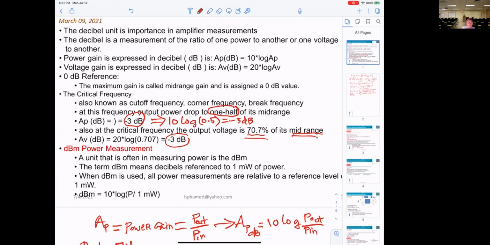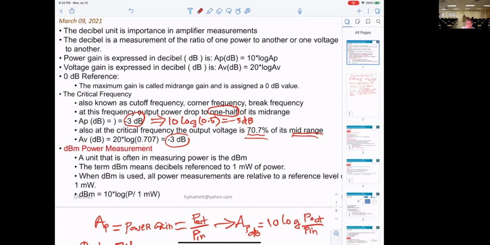Now the next one, dBm, power measurement. A unit that is often used for measuring power is the dBm. It applies when you're working on circuitry using the equipment.